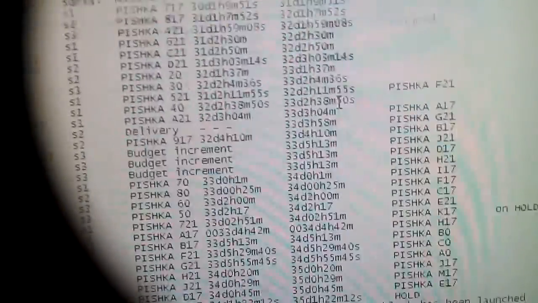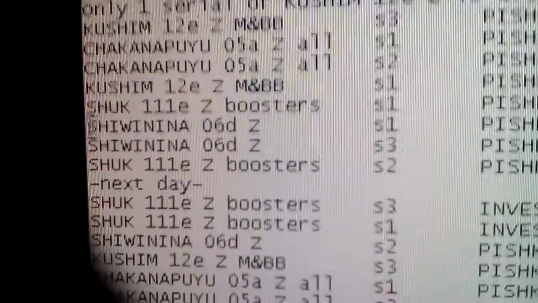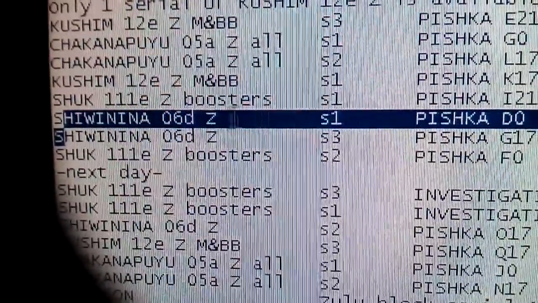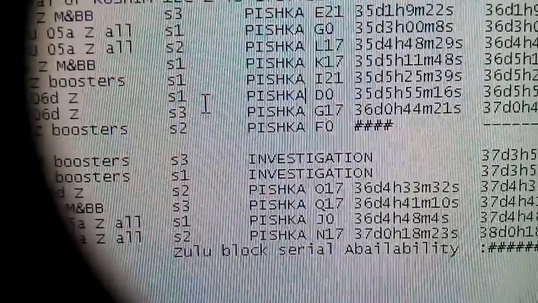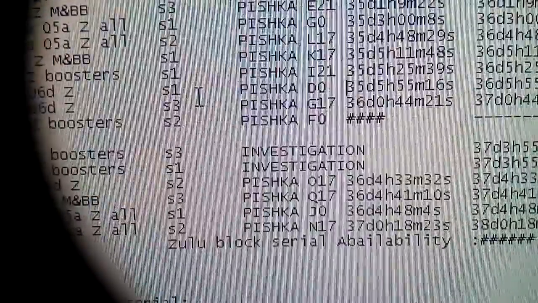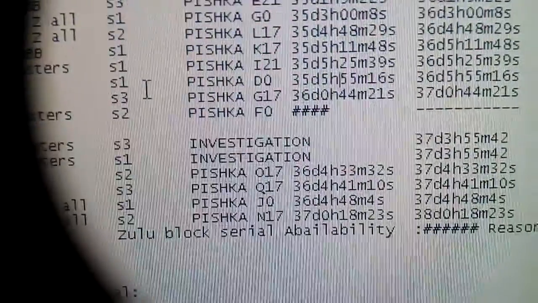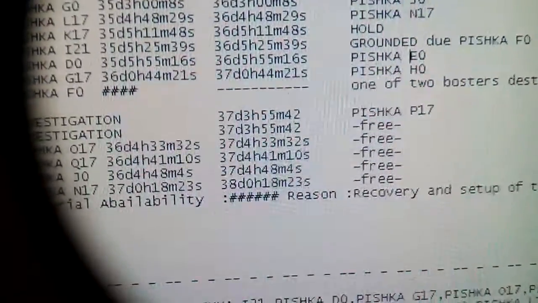Then the rocket or the mission needs to wait until that date and time to reuse it again, making it more interesting. As an example, this is the Shibonina 06 Delta or D Zulu, serial number 1. The last mission used in this case is Pishka D0. The rocket fell into the sea on this date and is ready to reuse on this date. The next mission using that serial is Pishka E0, and so on.